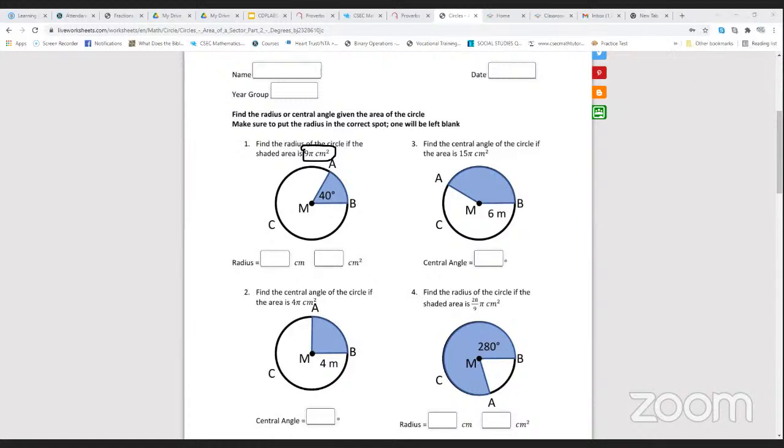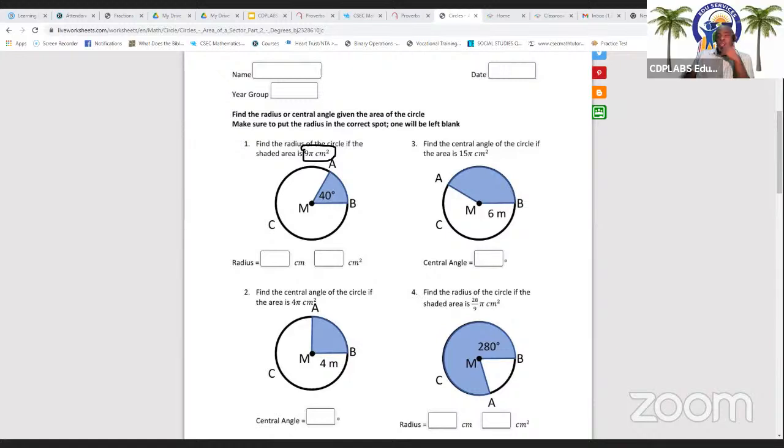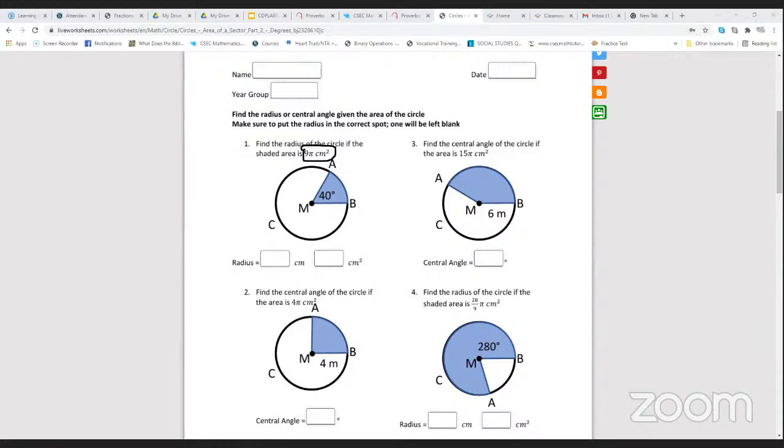You heard what I said? Yeah, you asked to multiply the area by 40 over 360. Why do you say that?